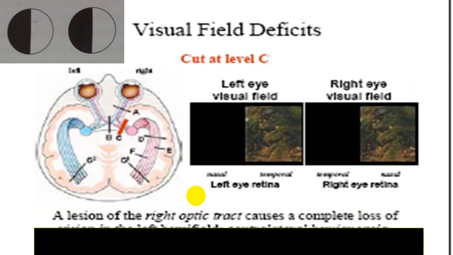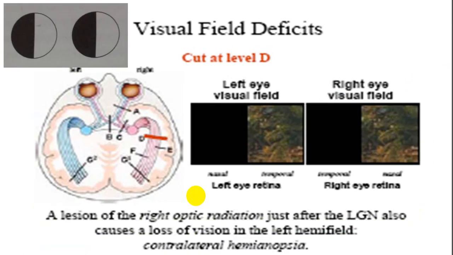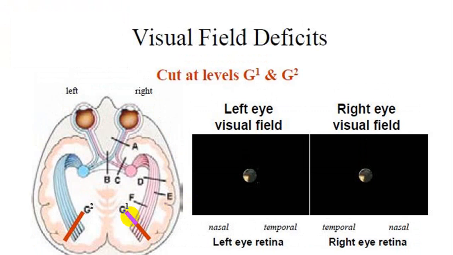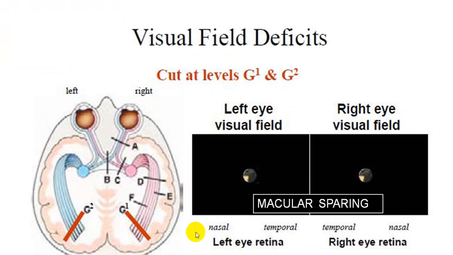So this is C, this is D, this is outer fibers at G1 and G2. So this will be G1, G2. So you have got little sparing. So macular sparing.